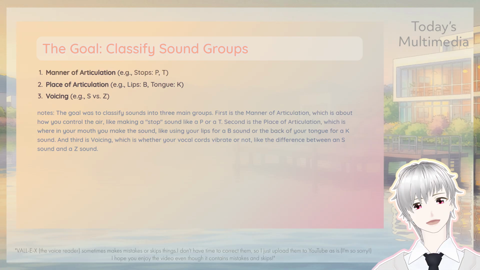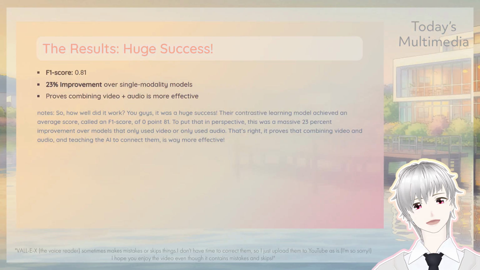First is the manner of articulation, which is about how you control the air, like making a stopping sound like a P or a T. Second is the place of articulation, which is where in your mouth you make the sound, like using your lips for a B sound or the back of your tongue for a K sound. And third is voicing, which is whether your vocal cords vibrate or not, like the difference between an S sound and a Z sound.